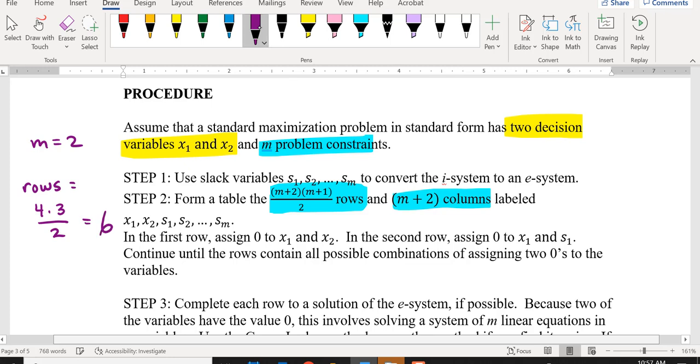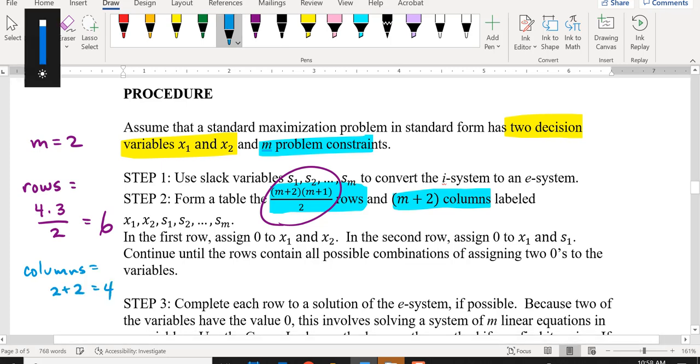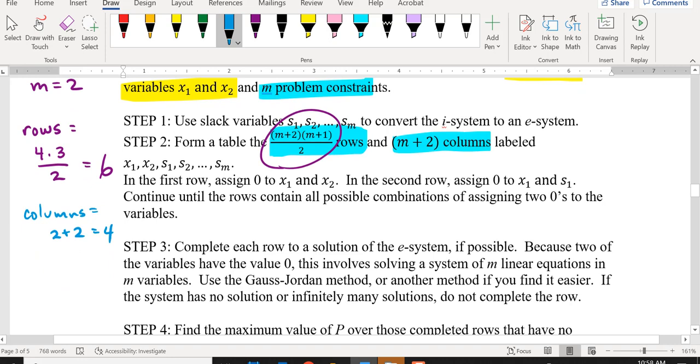You'd have 6 rows. I'm using that formula. How many columns would you have? You'd have 2 plus 2, which is 4 columns. Okay? All right. Step 3.